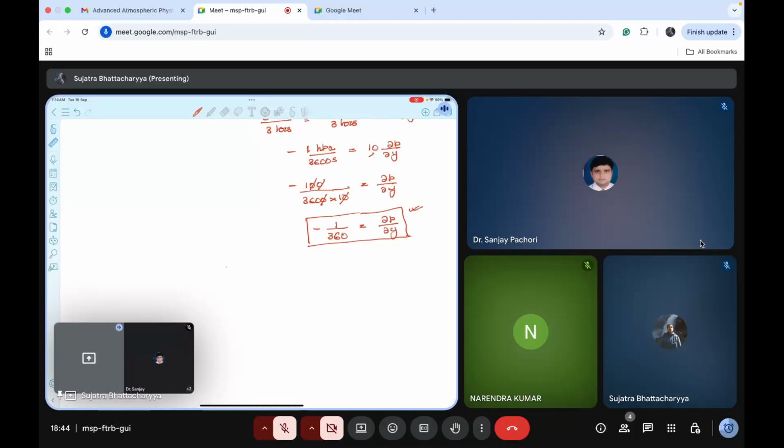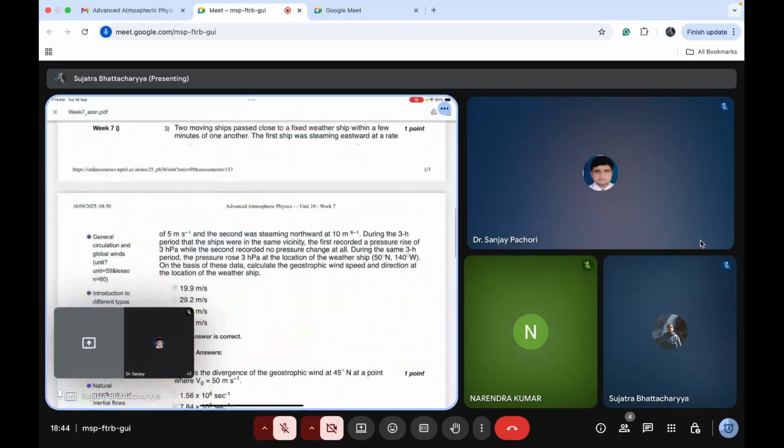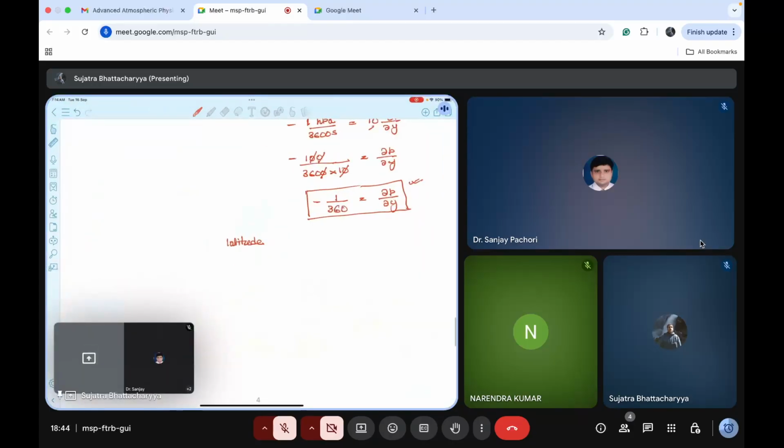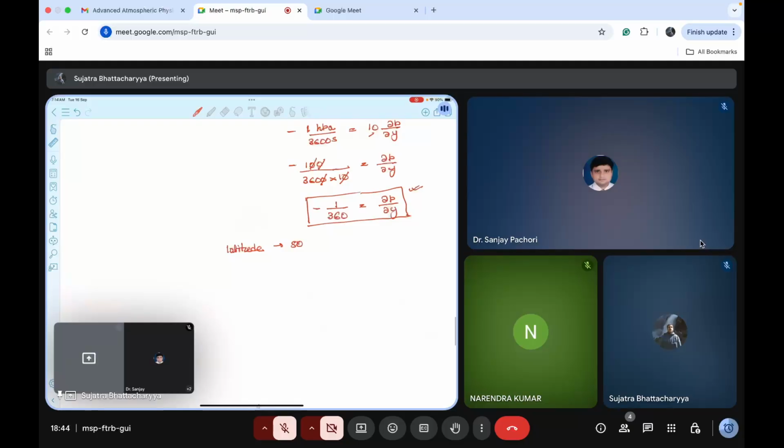Now, what is the latitude at which all these things are happening? Let's see where the weather ship is, because all three ships were in close vicinity. So 50 degrees north. Longitude we don't know. So latitude is 50 degrees north.